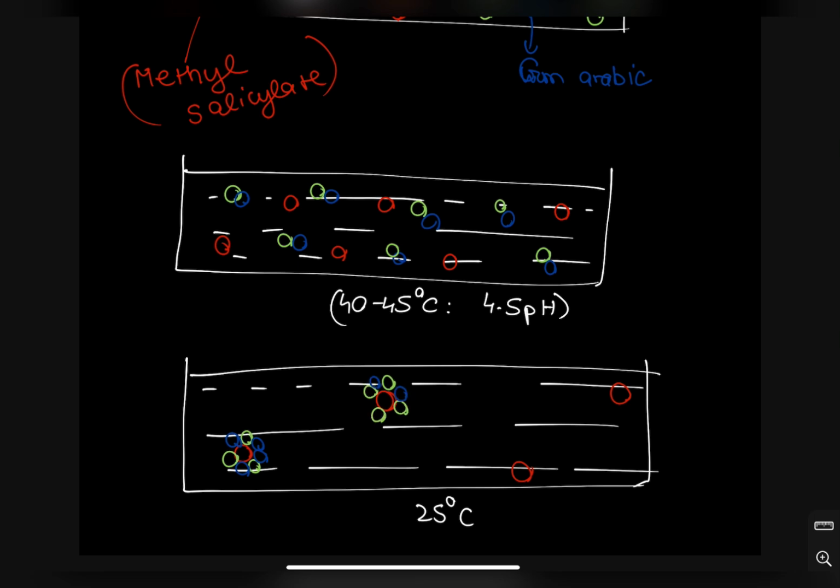So this is a complex between gelatin and gum arabic, which is an example of polymer interaction. So these are the microcapsules that you are getting from this method.